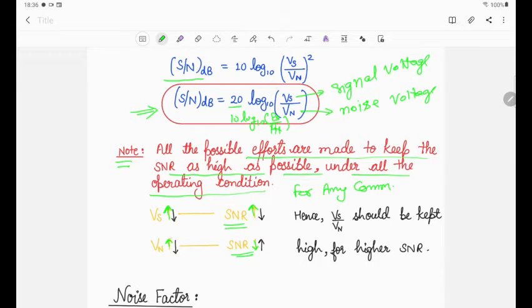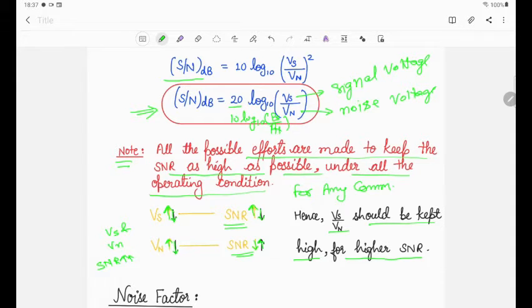And if we decrease the noise power, the signal to noise ratio will increase. So we must keep the signal voltage and noise voltage in such a way that SNR is high. Hence the signal voltage to noise voltage ratio should be kept high so that a higher SNR can be obtained for any communication. In general, we are talking here.